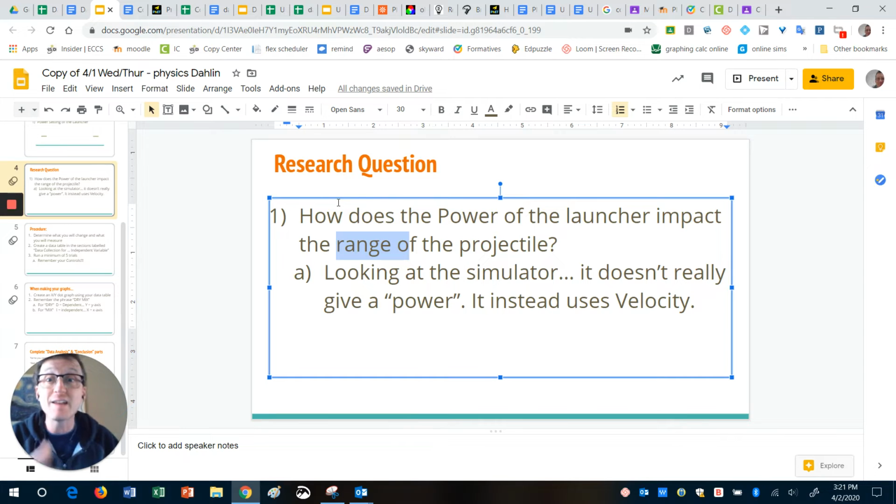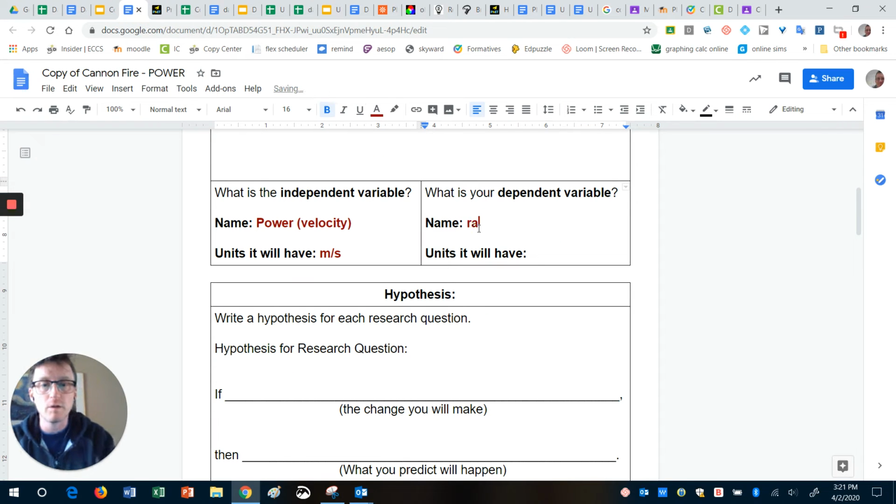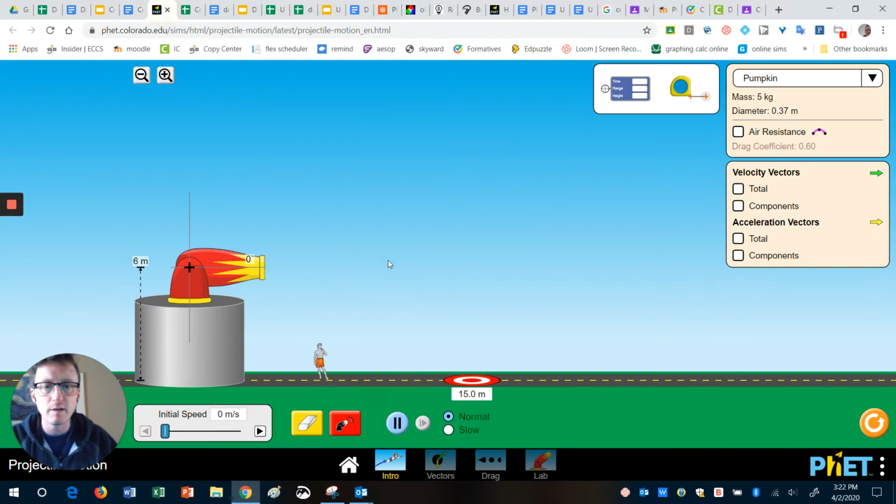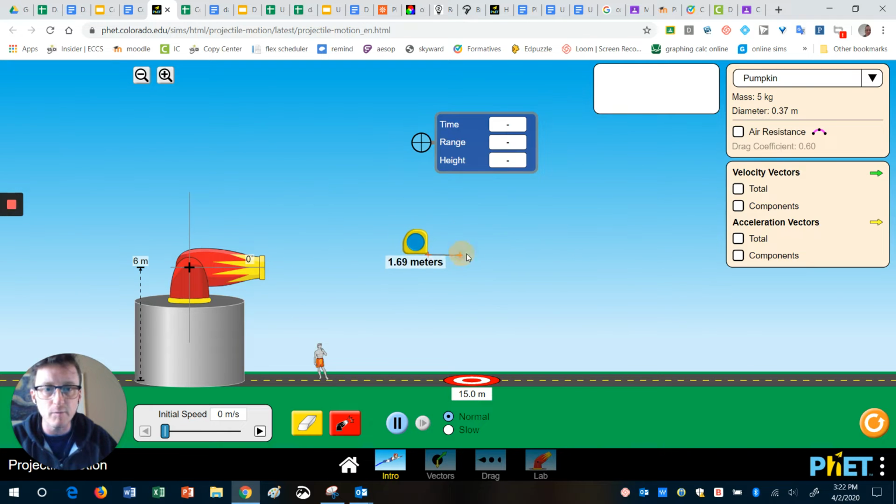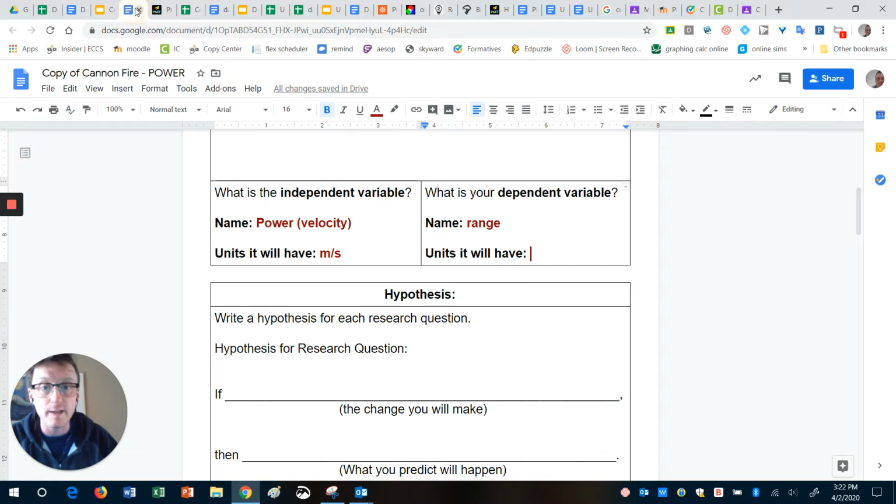That is the dependent variable then. Again, we need to know what units it has on the simulator. So go back to the simulator. I looked, and I got meters here. It doesn't have anything on it, but my tape measure that we can use is all in meters. So that's important. Our units then are meters.